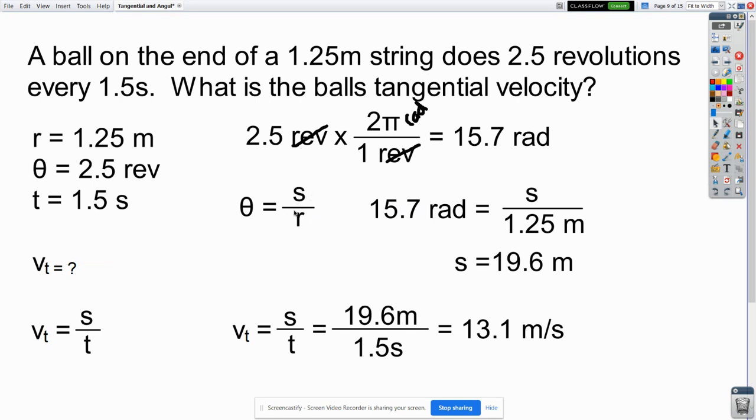Whatever unit goes in for the radius will be the same unit that you get out for your arc length. We had meters go in for our radius, we had meters come out for our arc length. Once you have that arc length, you can combine it with your time to get your tangential velocity. This is an indication of how fast it's moving through the curve.